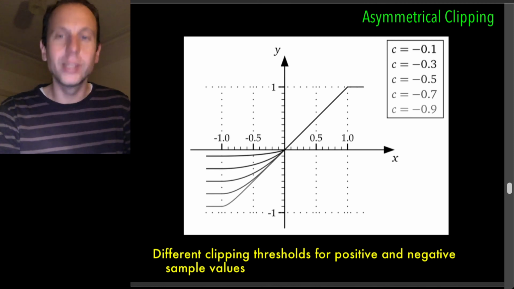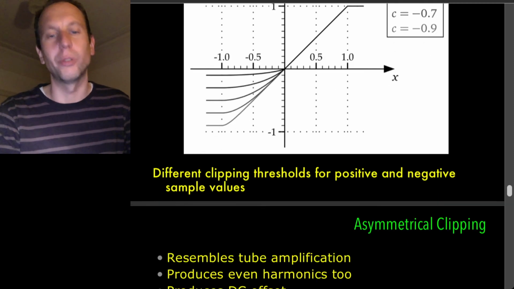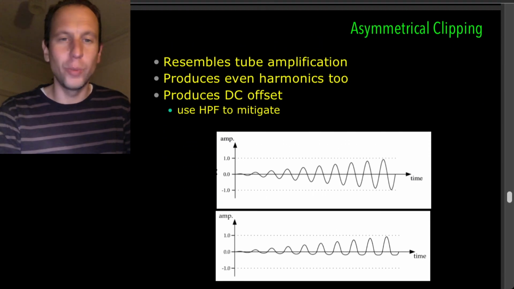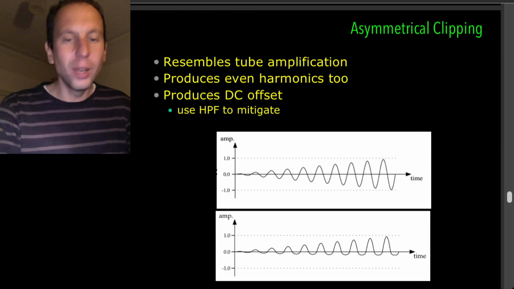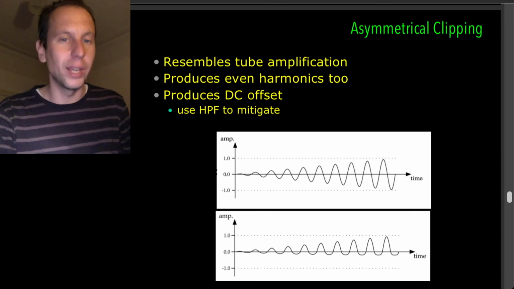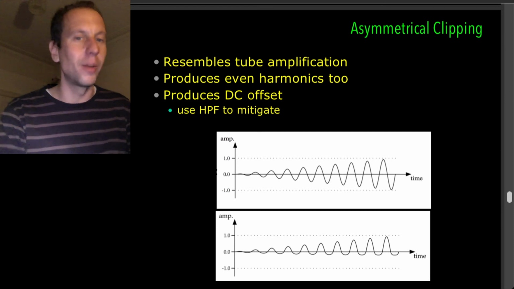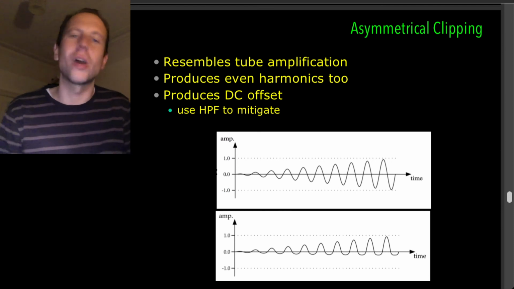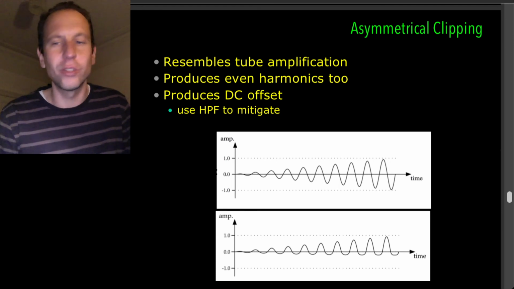What you will get is odd harmonics start appearing too. Okay, so this resembles valves, tube amplifiers. This is the waveform that corresponds to that. So unless you have asymmetrical transfer, you will not get even harmonics. And even harmonics are thus associated with the warmer, more analog types of distortion and the rest of it.